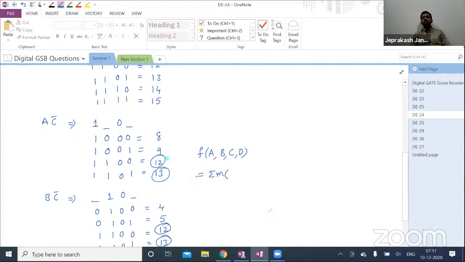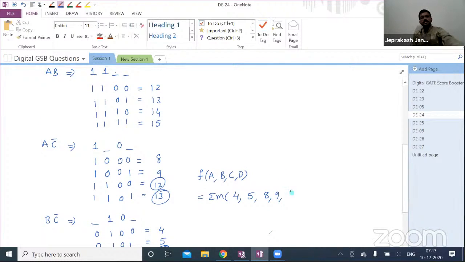Now, what are the minterms you got? Write in the ascending order. That means 4, 5, 8, 9, 12, 13, 14, 15. Is it clear, all of you, up to this step? Yes, very good. 4, 5, 8, 9, 12, 13, 14, 15. Right.